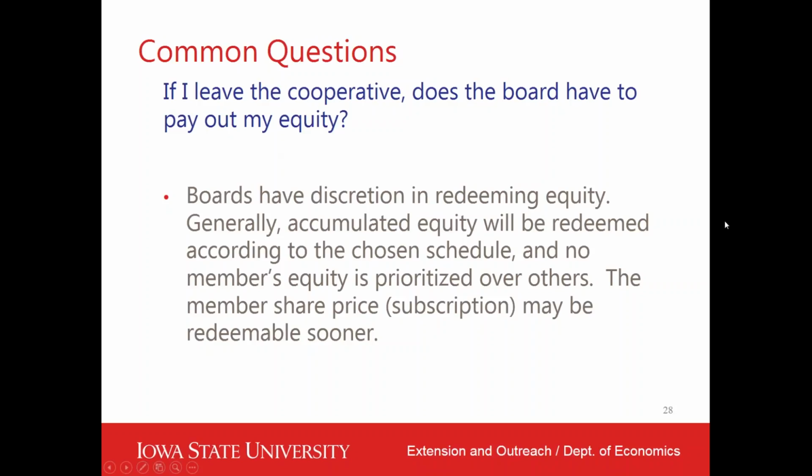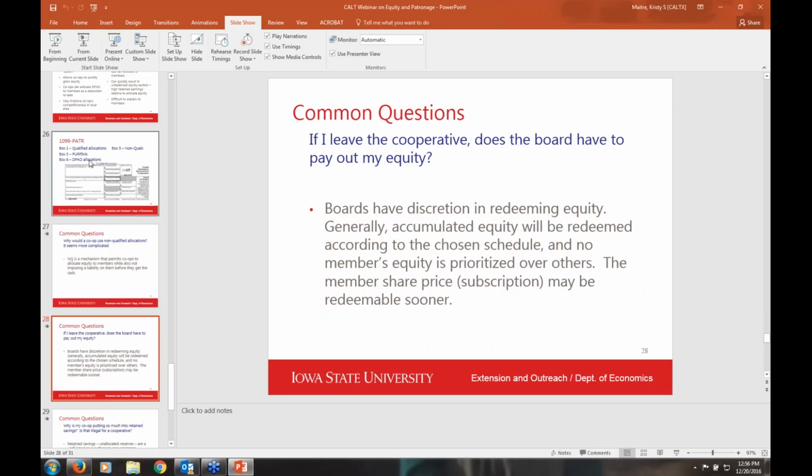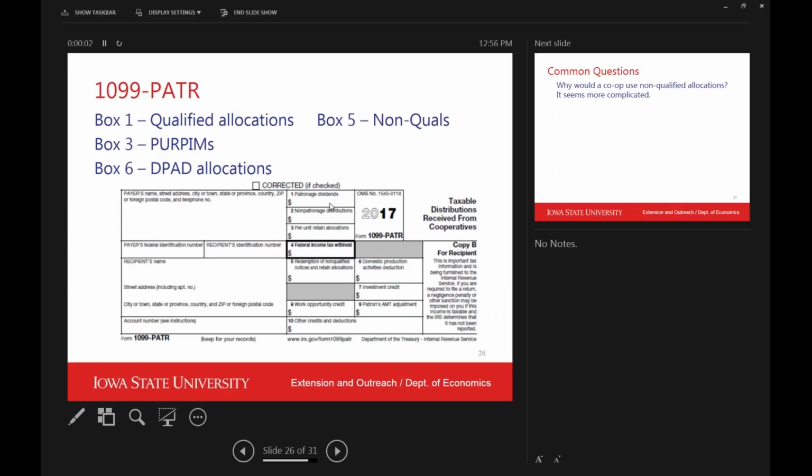So let's go back to our form and look at that real quick. So it's saying that you should include boxes 1, 2, 3, and the redemptions of non-qualified, box 5, on line 3A. Thank you, Sam, I was just bringing those instructions up.